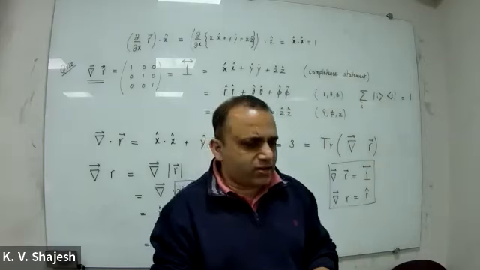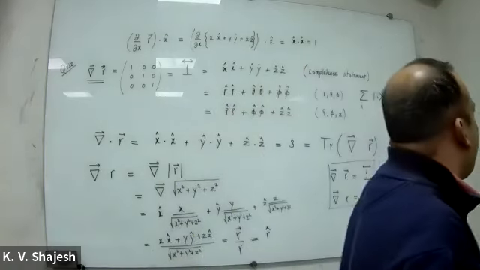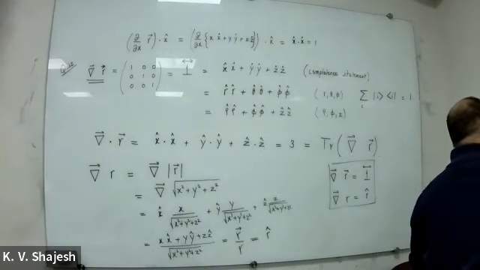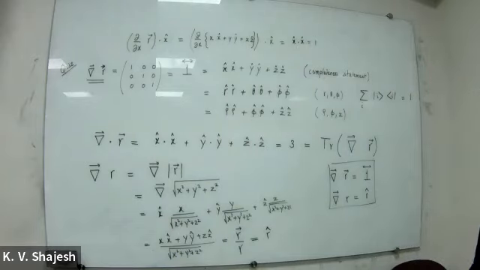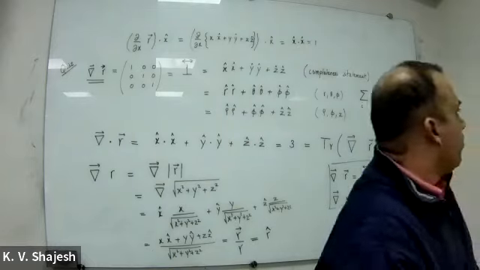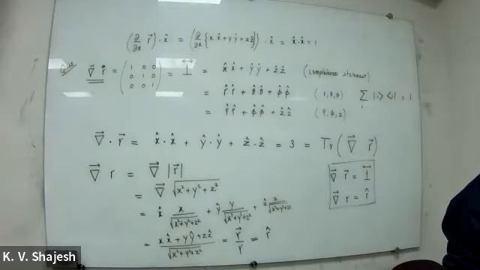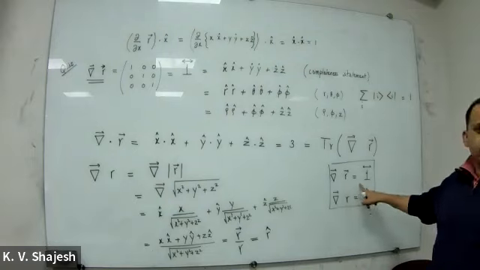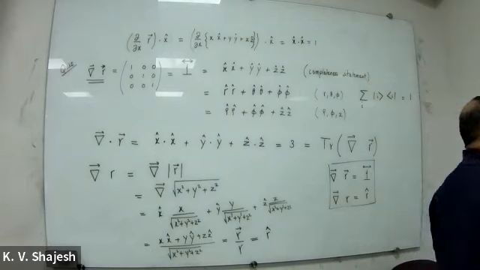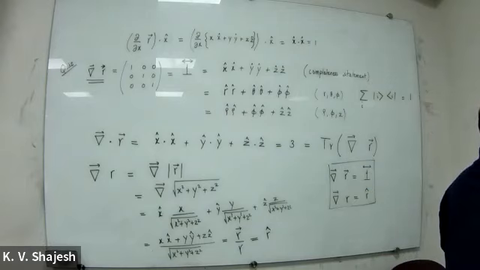So now coming back to this identity, the divergence we were trying to prove. We had the divergence of the vector r, that's nothing but 3. So this is equal to q over 4 pi epsilon naught times 3 over r cubed.